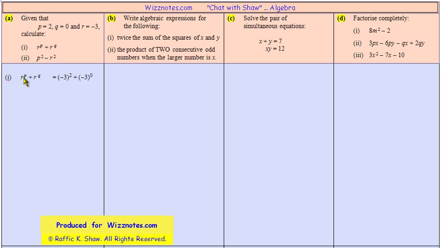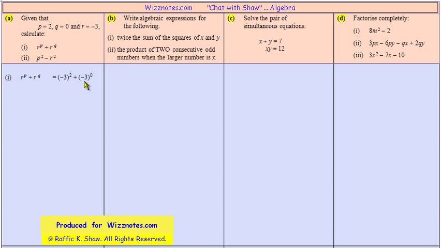R to the P plus R to the Q is equal to R we see is -3 and P is 2, so this is (-3) squared plus R again, -3 to the power Q. Q is 0. Now (-3) squared means -3 multiplied by -3, so that's going to be a +9, because a negative number multiplied by a negative number is positive.